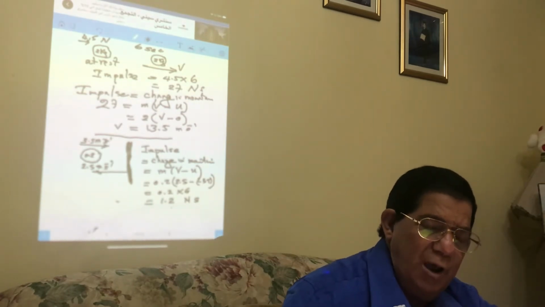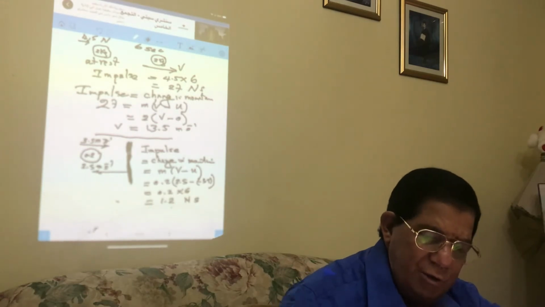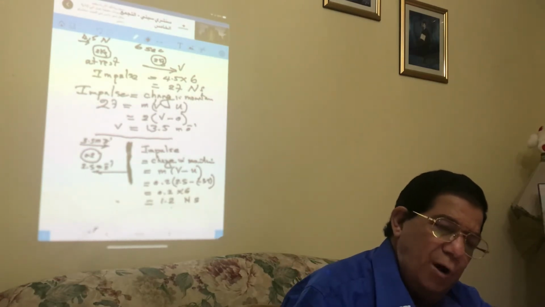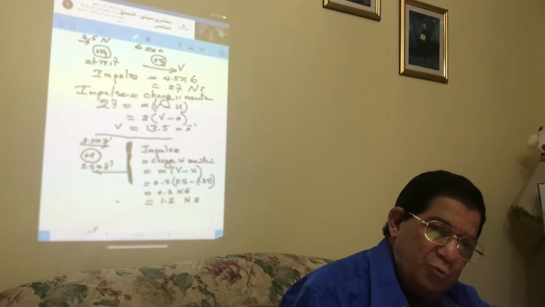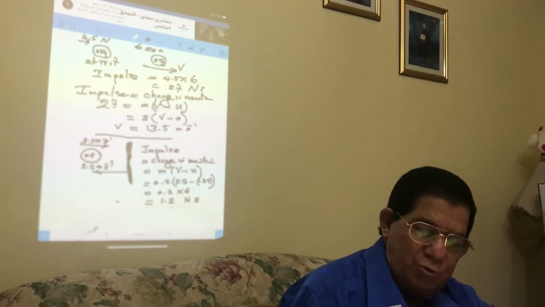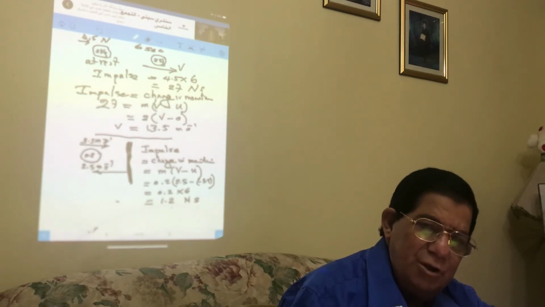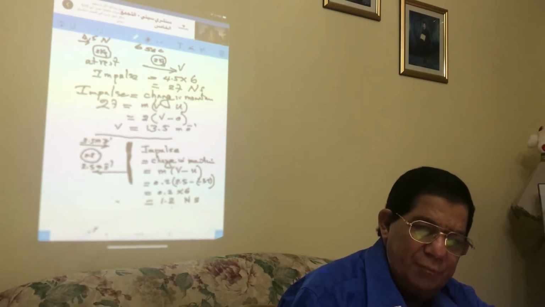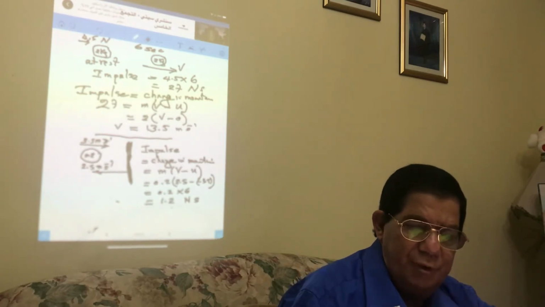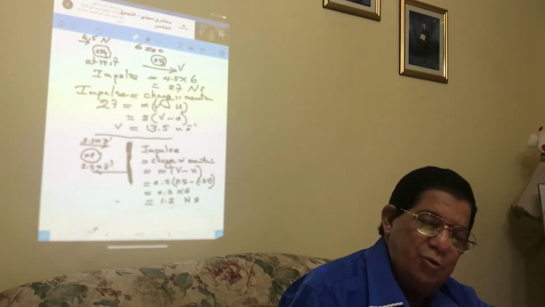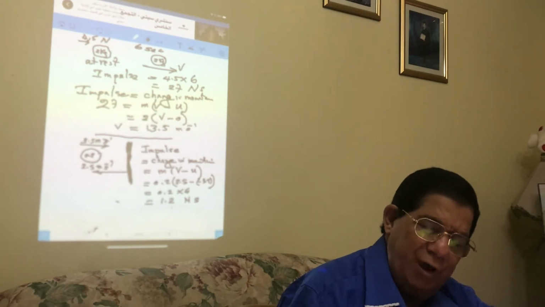We have to know that any two bodies colliding, the impulse between them is the same. Impulse of A on B is the same as B on A. So we don't have to worry about this because this is a fact.